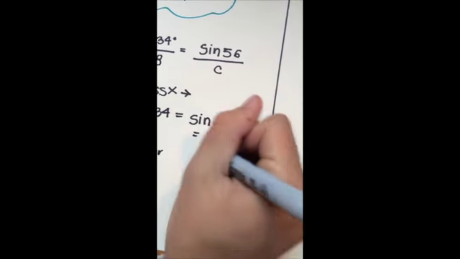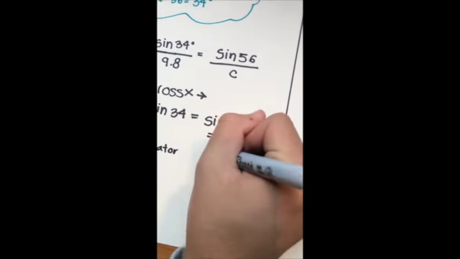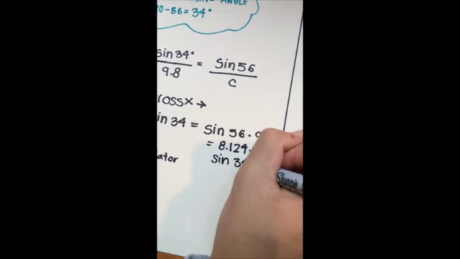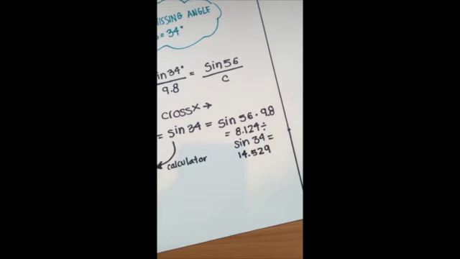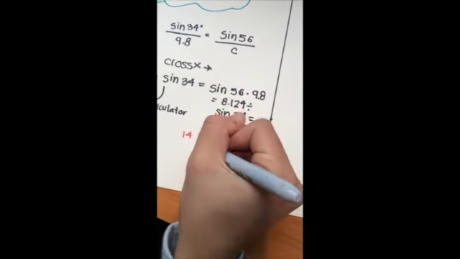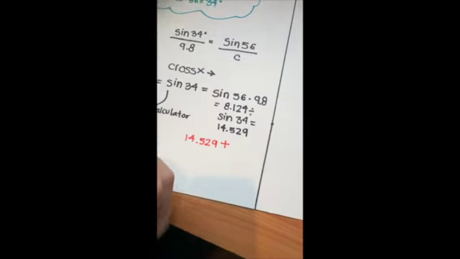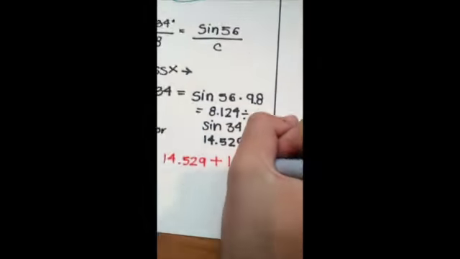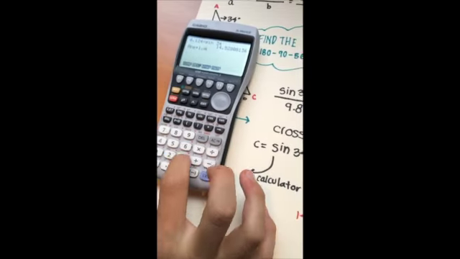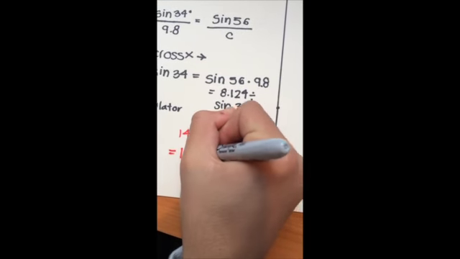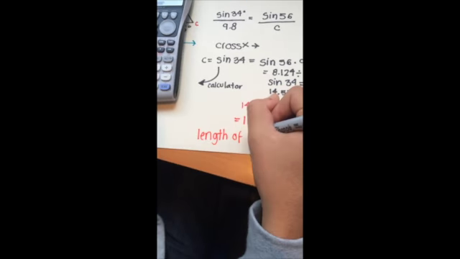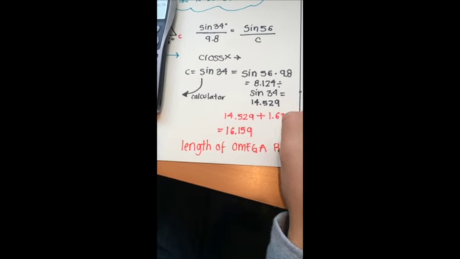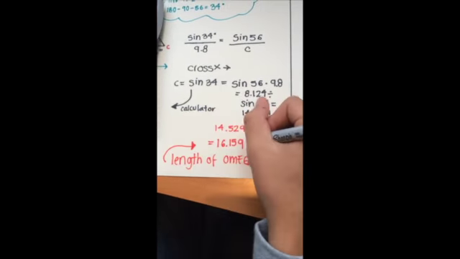Then we divided that number by sin 34, which gave us 14.529. But 14.529 wasn't our final answer. We needed to add the height of G1, which was 1.63. Once we added that, the answer was 16.159 meters, which is the height of the Omega building.